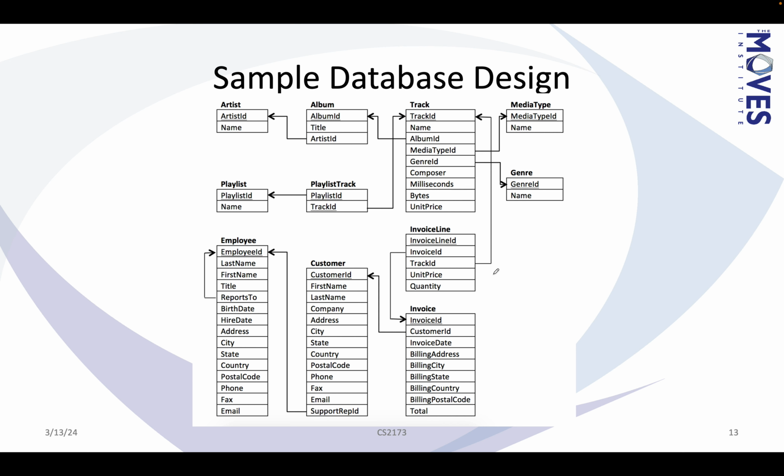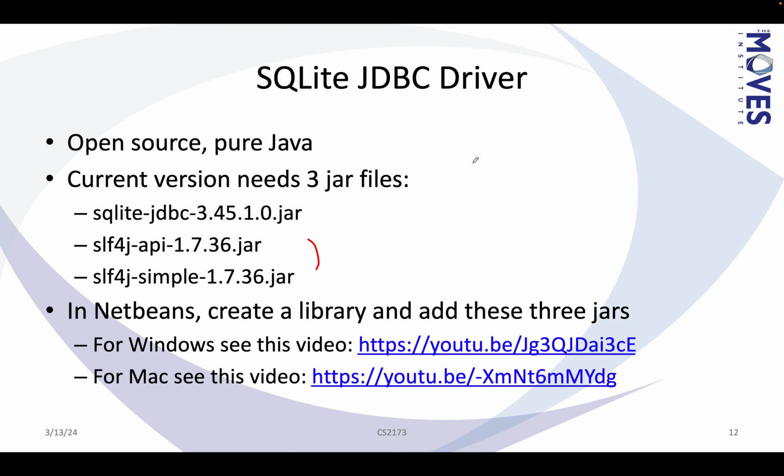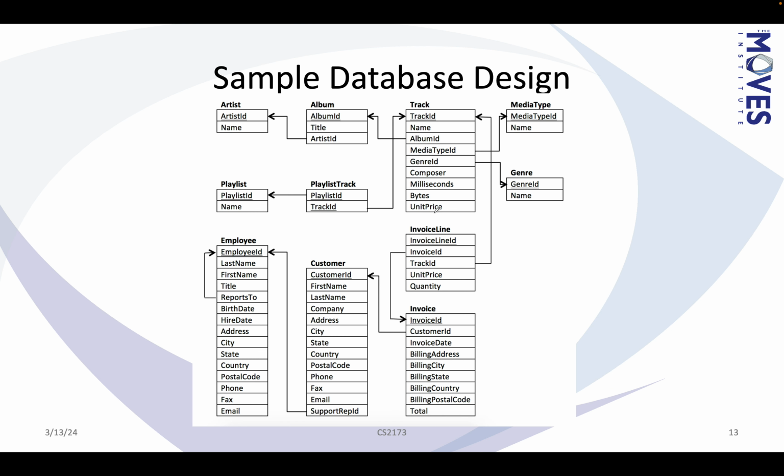Now here's a sample database design. This is one of the standard sample databases out there. They're selling these tracks, and we have different artists, and each album has a certain artist associated with it.